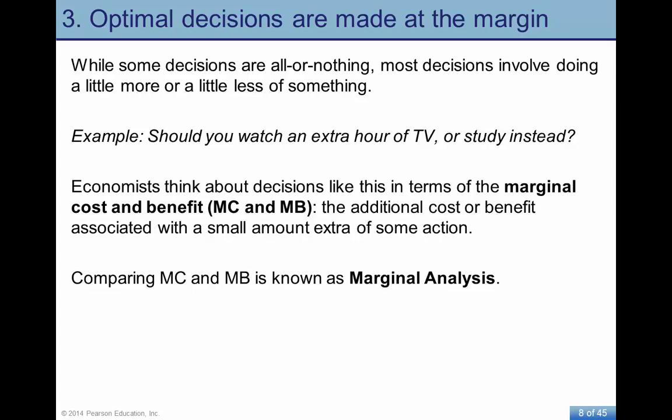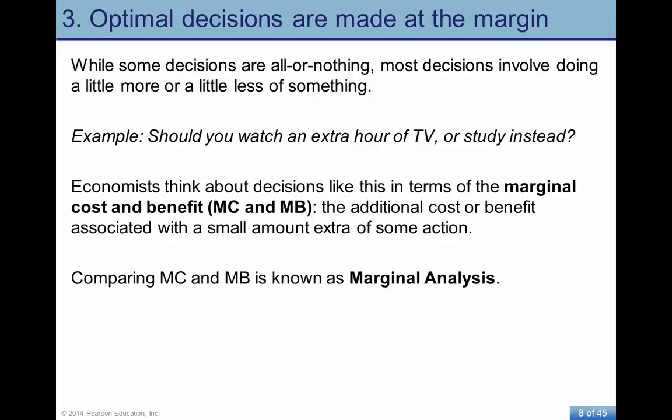Optimal decisions are made at the margin. While some decisions are all or nothing, most decisions involve doing a little more or a little less of something. For example, should you watch an extra hour of TV or study instead?